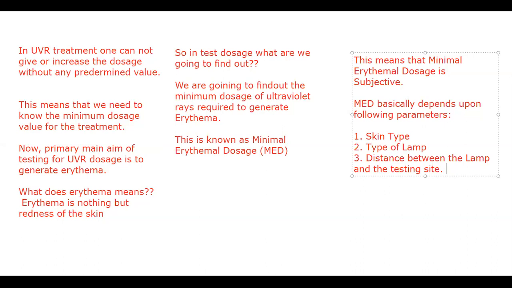Finding out the average output of the lamp as minimal erythemal dosage is always going to be meaningless, because as we all know, the output of the lamp decreases day by day with its use, because of tridymite formations and various coating level differences, and also there would be voltage fluctuations.